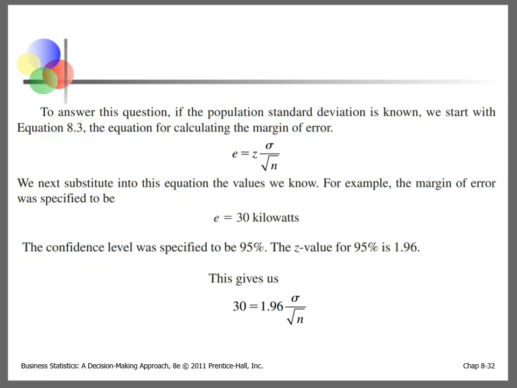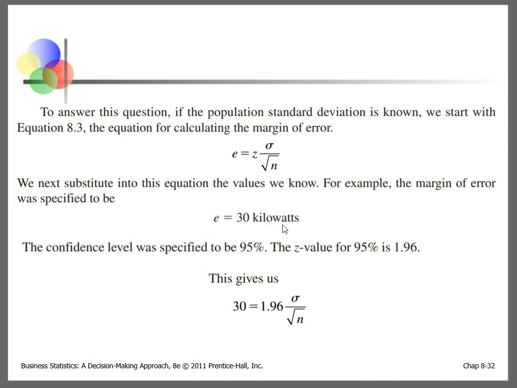To answer this question, if the population standard deviation is known, we start with equation 8.3 from the previous video, which is the equation for calculating the margin of error. We next substitute into this equation the values we know. For example, the margin of error was specified to be 30 kilowatts.